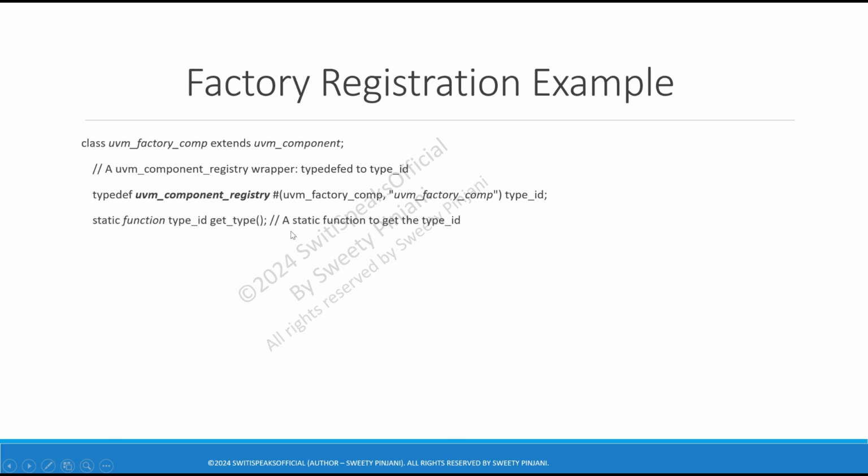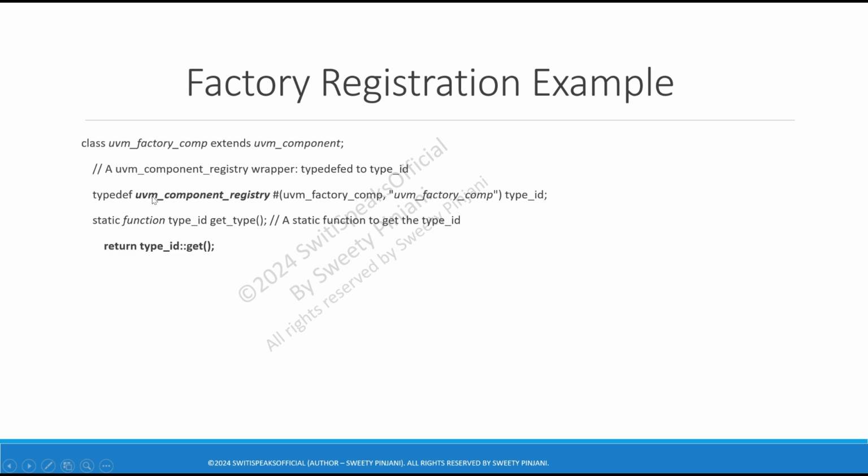The second requirement was you should have a static function to get the type_id. I'm creating a static function of type type_id to get the type_id. The name is get_type, and it is returning the type_id. It is calling get and returning the type_id.